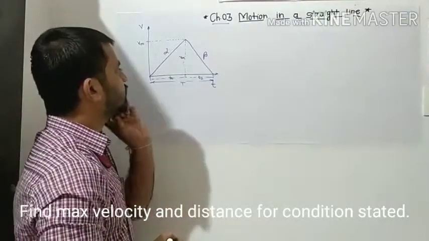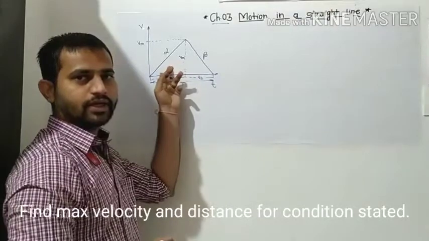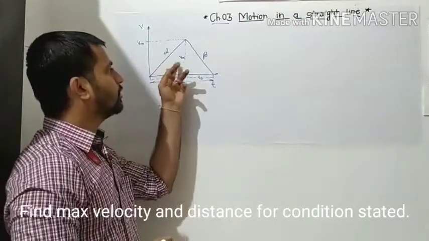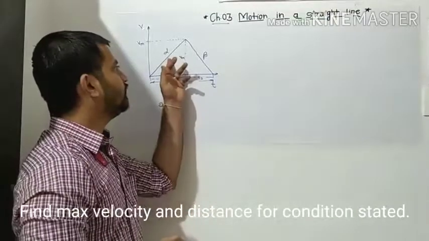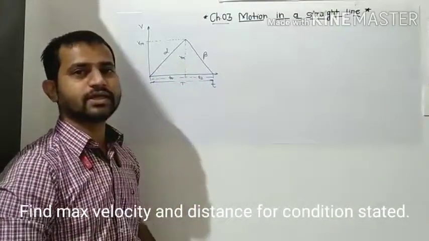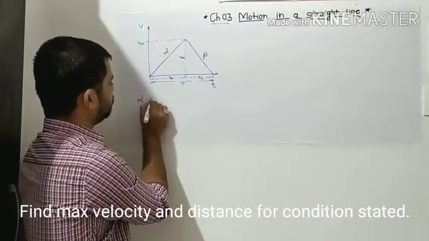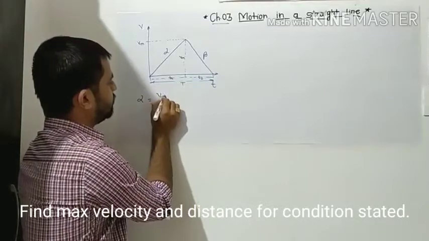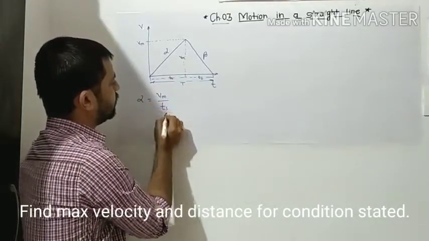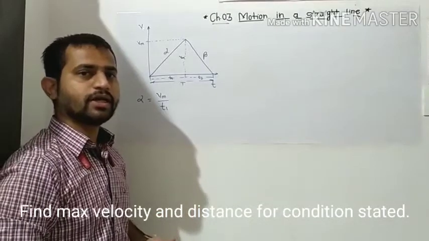So from this, if we go for the tan of theta, for the case of the acceleration, alpha represents the acceleration, and from this alpha is equal to perpendicular upon base, so it will be Vm upon T1.